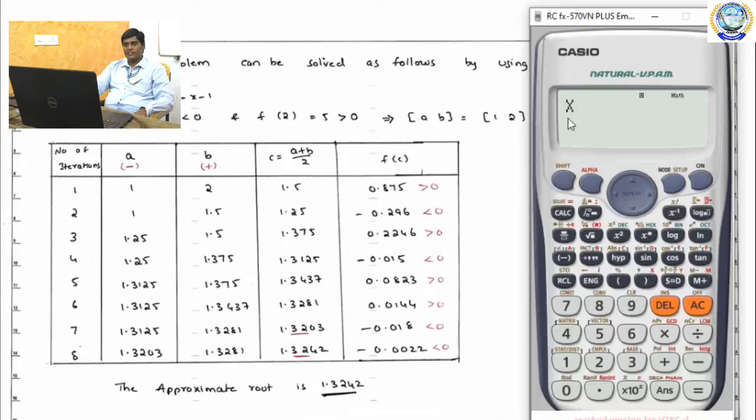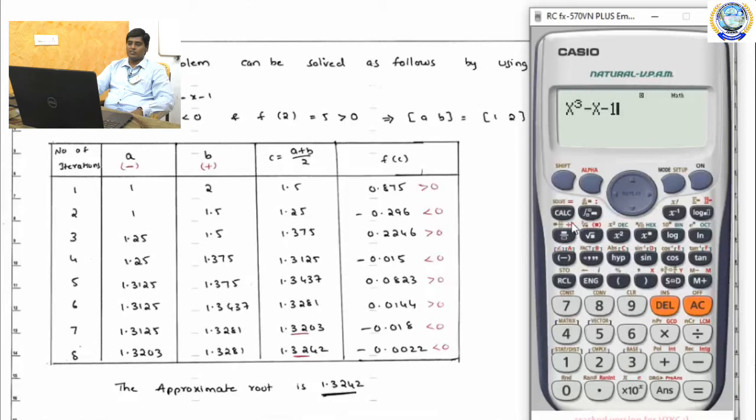Now I have to store x cube minus x minus 1. Here I want to put x cube, so shift and x square gives you x cube. Then minus alpha x, minus 1. Here is the given equation.